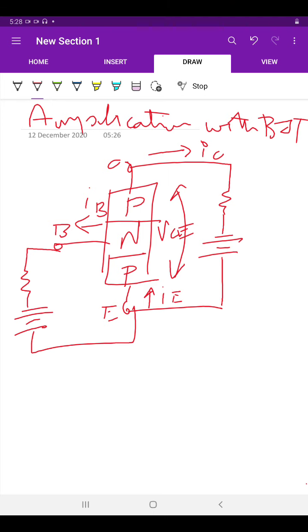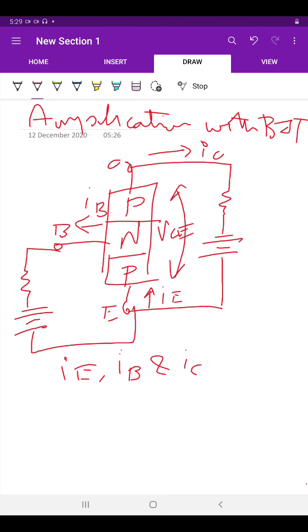So let us neglect the saturation currents, and then also we'll neglect the secondary effects. So considering these two, we will derive the equations for the currents: IE, that is the emitter current, then IB, the base current, and then we'll consider the collector current IC.